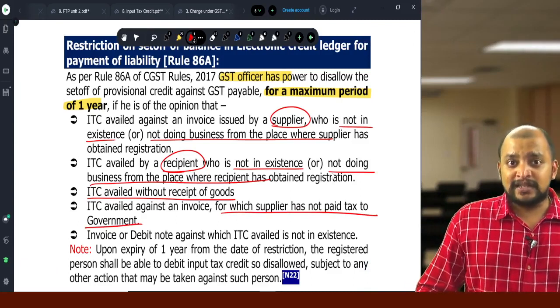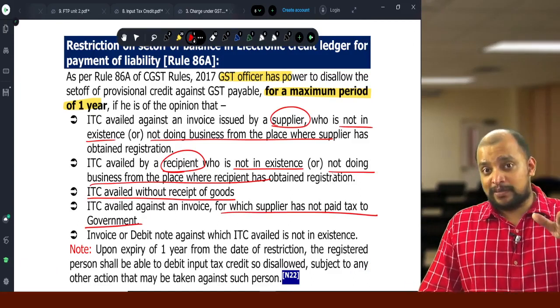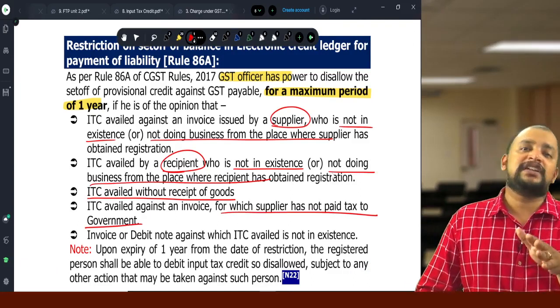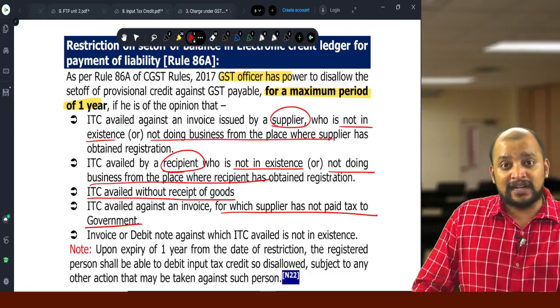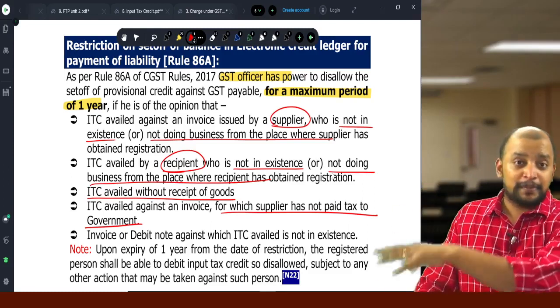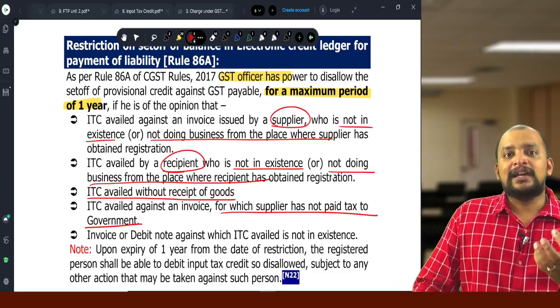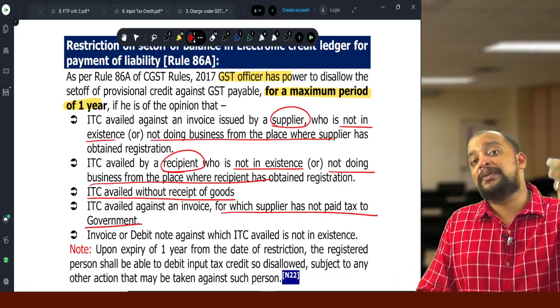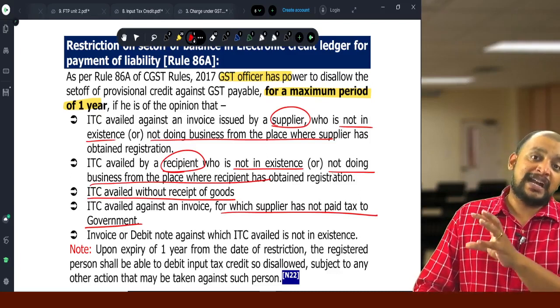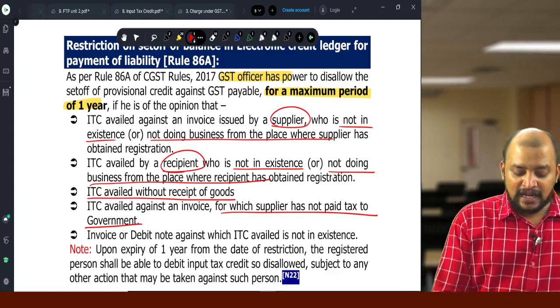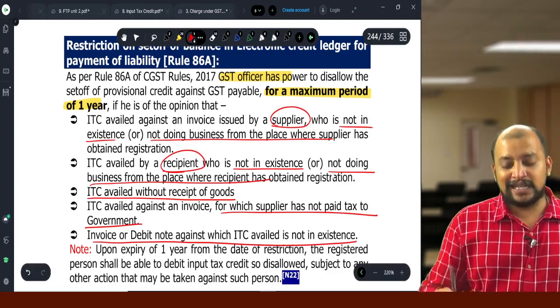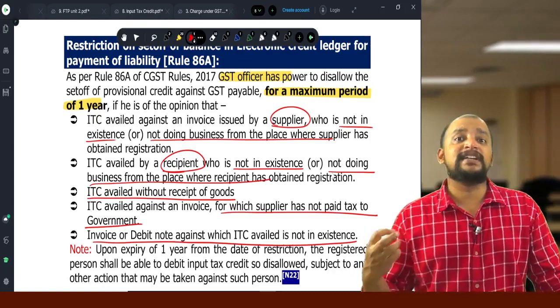Which means GSTR 1 has been filed by the supplier, GSTR 3B is not filed by the supplier, but based on GSTR 1 of the supplier, that is reflected in 2B of the recipient. So, the recipient took the credit, but the supplier did not file GSTR 3B and pay the tax. Then whatever ITC is taken by the recipient may be suspended. Then, the invoice or debit note against which ITC is availed is not in existence, invoice is missing.